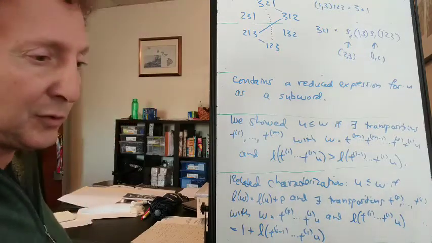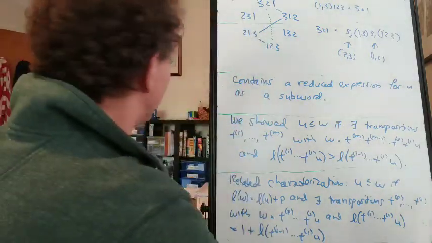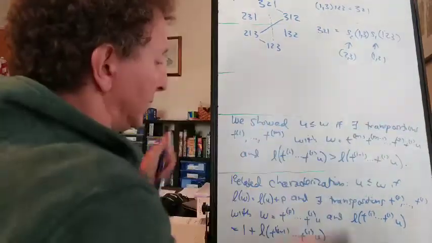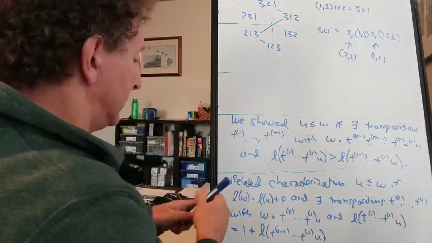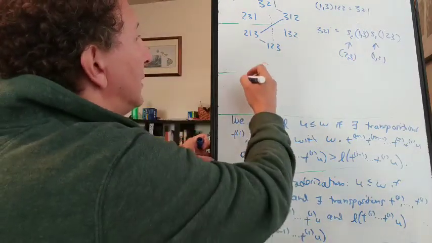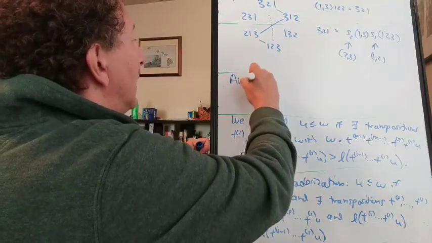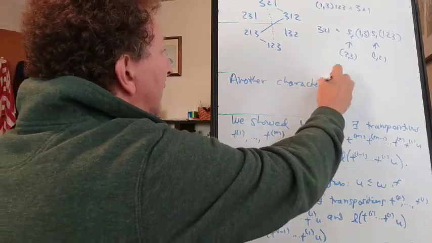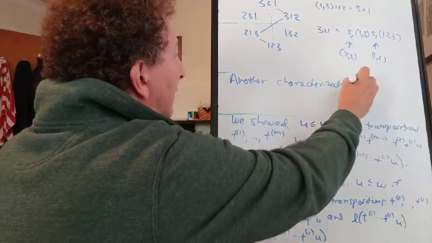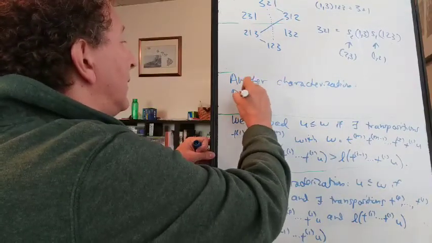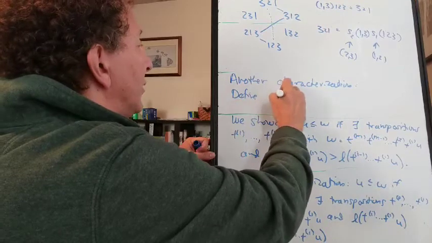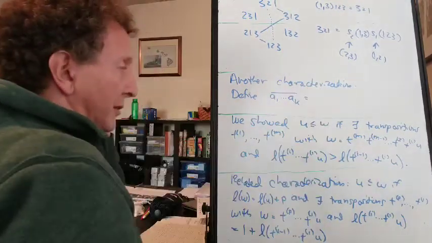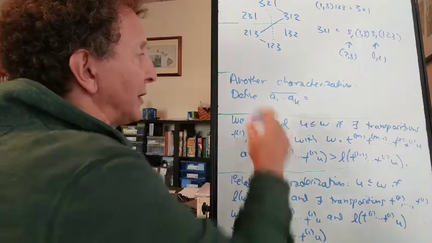Now I want to show you two characterizations that are rather different. So if we're given a word A1 through AK, I want to put a line on it, and I want to make that the increasing rearrangement of the word.